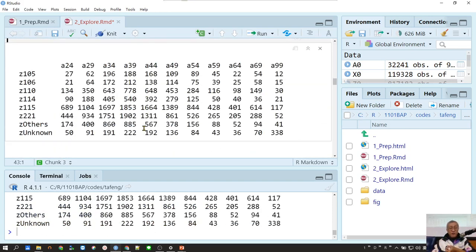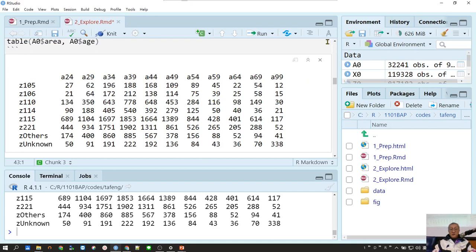I will see a table like this, right? Isn't it? Right? So this is actually the joint distribution, right? This table actually is the joint distribution of these two variables, right?